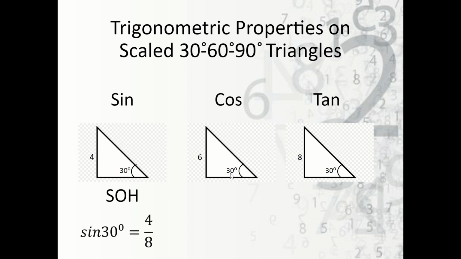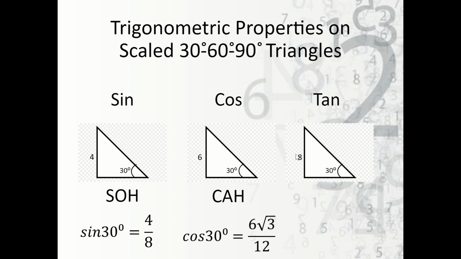Now cosine. Remember cosine is adjacent over hypotenuse. So the adjacent side is here. And we scaled it by 6. So it should be 6 square root of 3. And our hypotenuse should be 2 times 6, which is 12. So we should get 6 square root of 3 over 12.